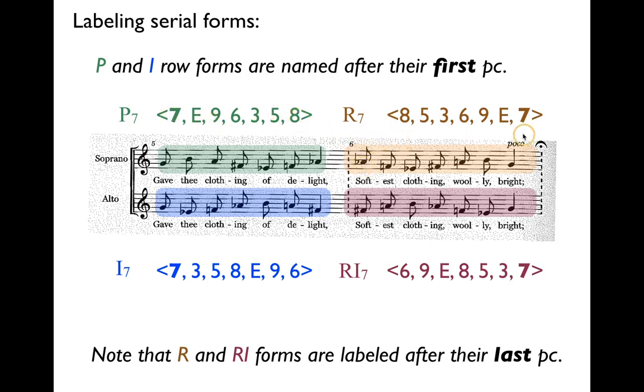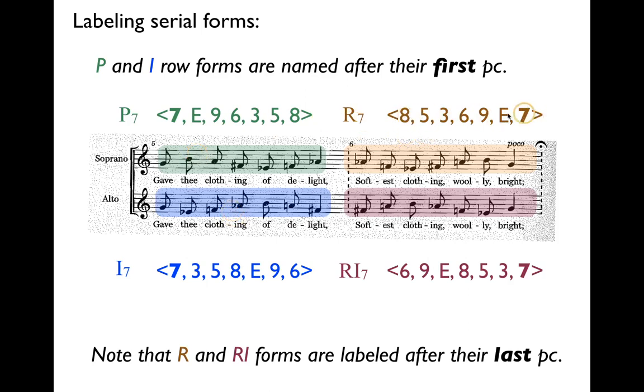The retrograde is named after its last pitch class, and we'll see why eventually. It has to do with the matrix. Our retrograde 7 is named after its last pitch class because it's basically referring to the prime, because they all begin with the same notes. 7E96358.